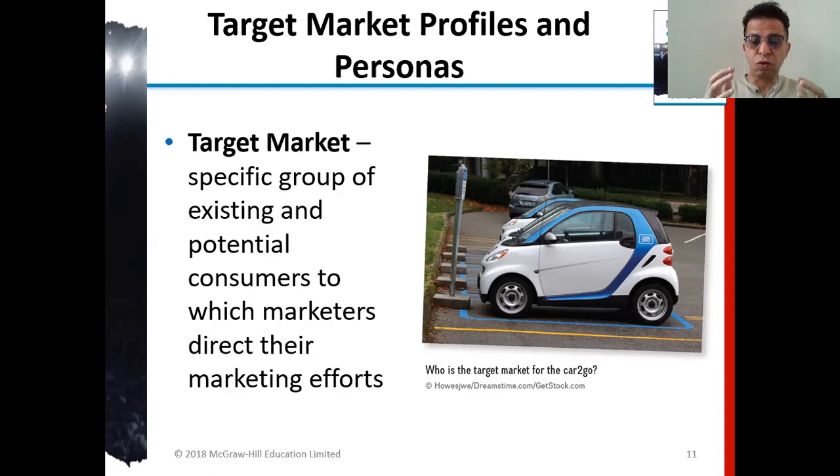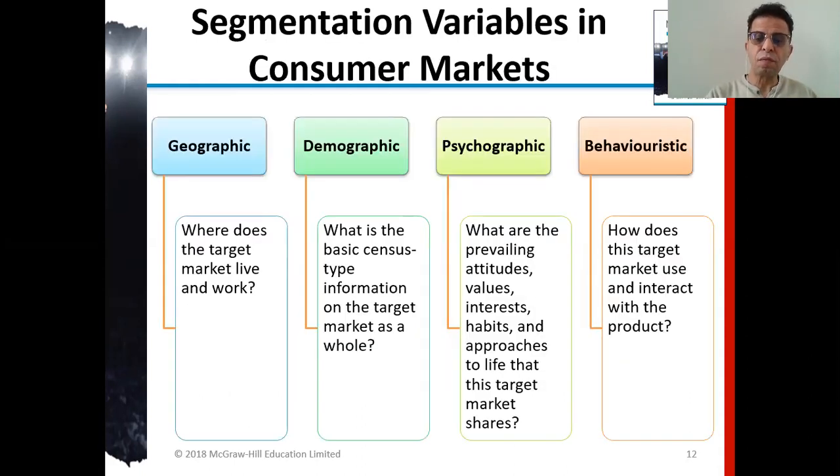Your target market could be left-handed pipe players, students in the first year, new arrivals to Canada, or the Indian communities in Canada. These are defined target markets. So for example, who is the target market for Car2Go? You will see it later on.